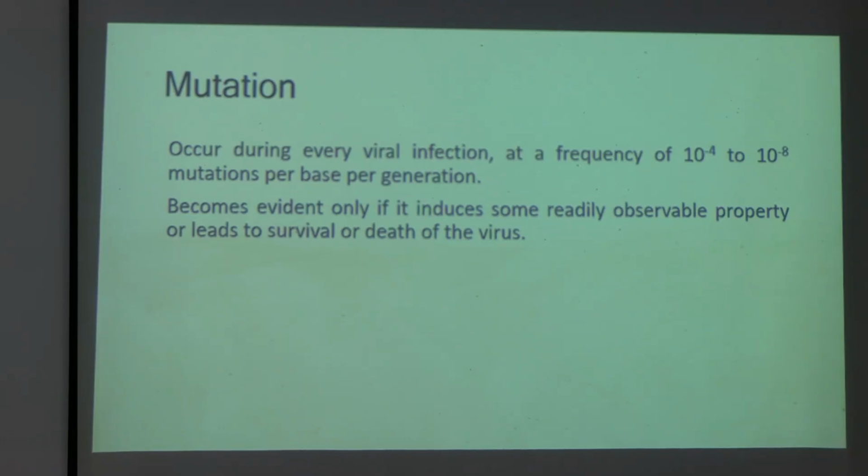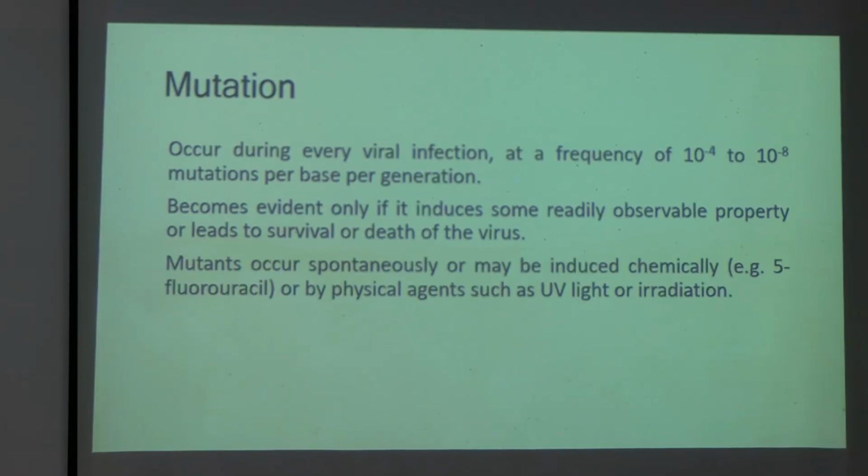Otherwise, we cannot find out whether a mutation has occurred or not. Mutation can occur spontaneously or it can be chemically induced. How can we induce it? By physical agents such as UV light or irradiation.